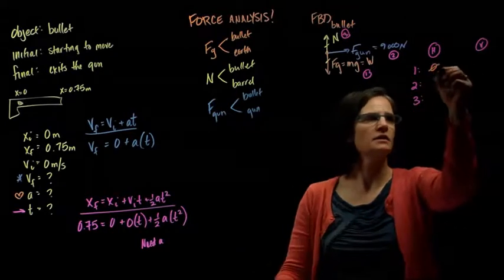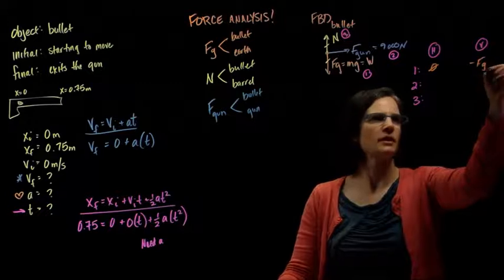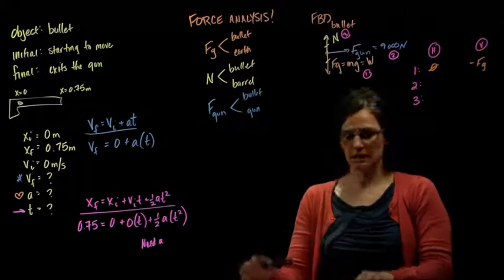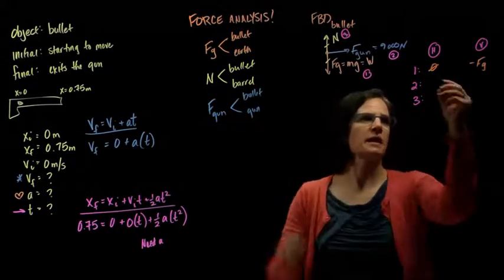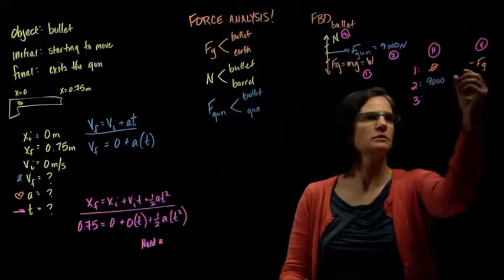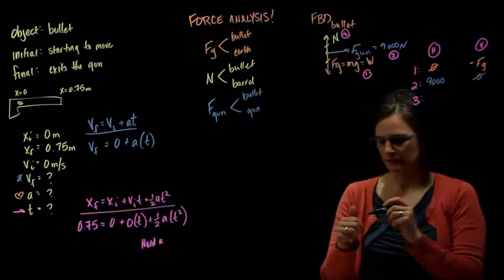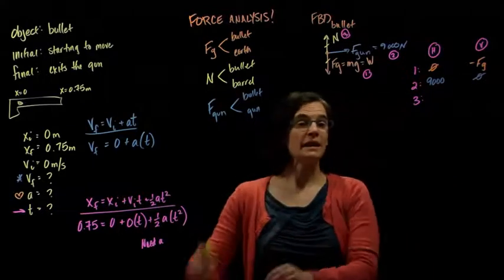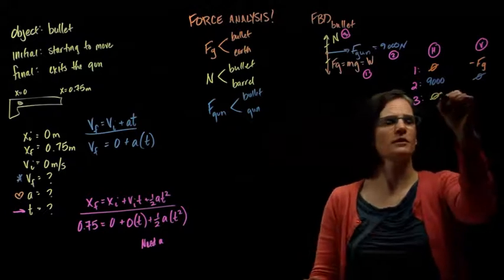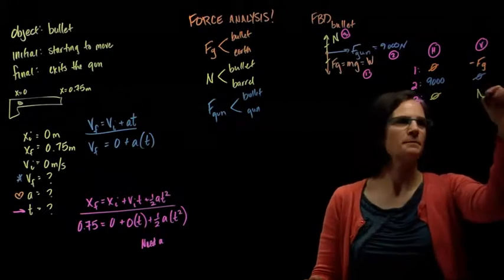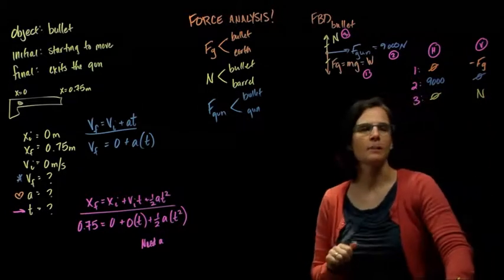Nothing horizontal, minus the force of gravity vertically. Force 2 is the force of my gun. That's 9,000 newtons, nothing vertically. Force 3, that's the normal force. It doesn't have a horizontal component, but it does have a vertical component.